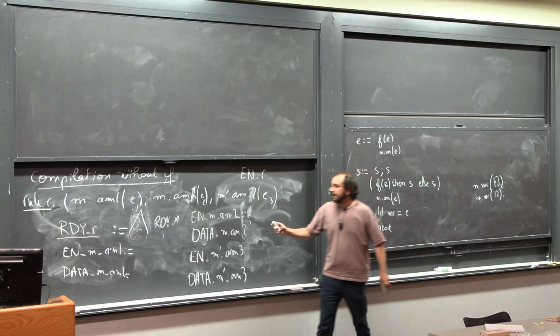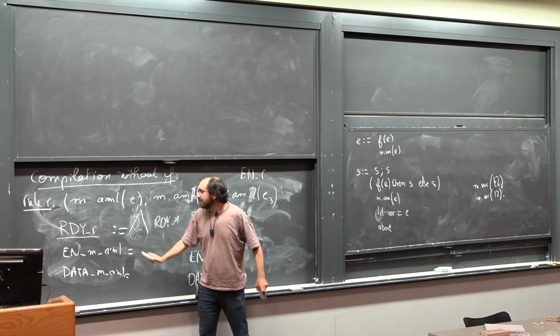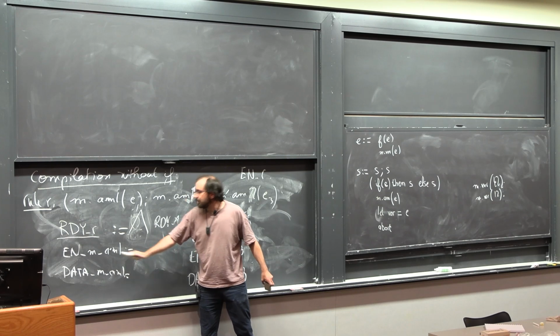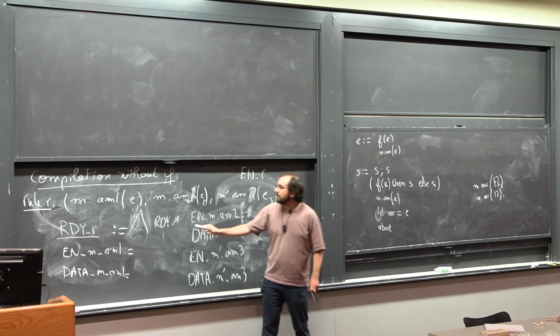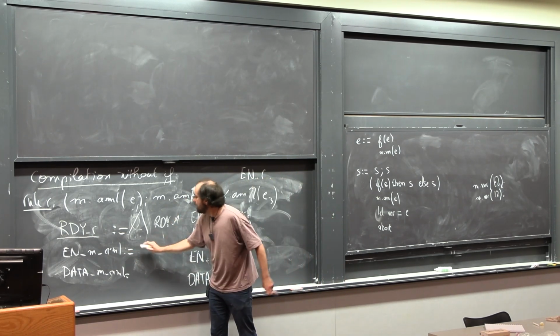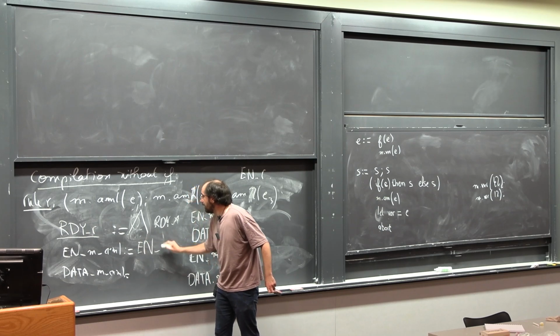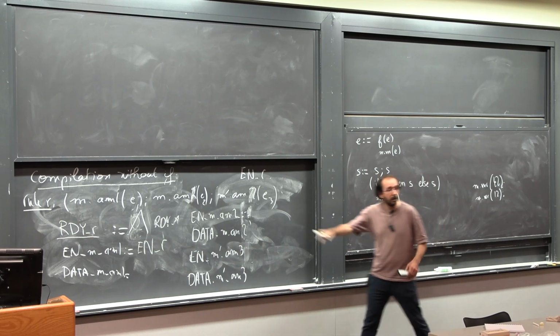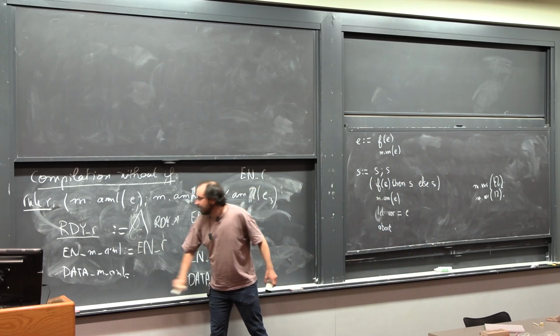Okay? And then I'm saying, how do I define the fact that I am indeed desiring to do AM1? Well, it has to be the case that it's simply the enable of R, because you only will update A1 if you want to do R. And then, how do I set the data?